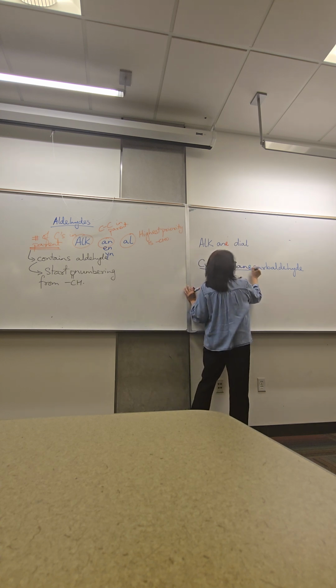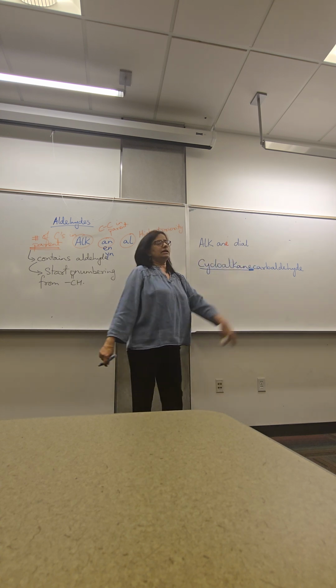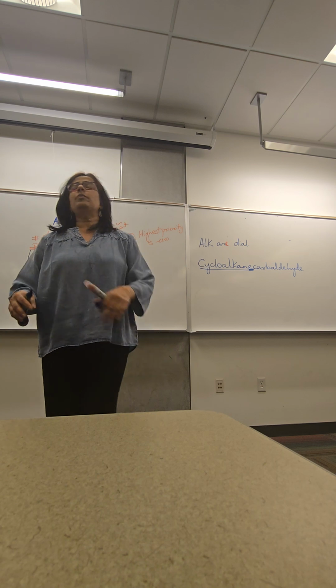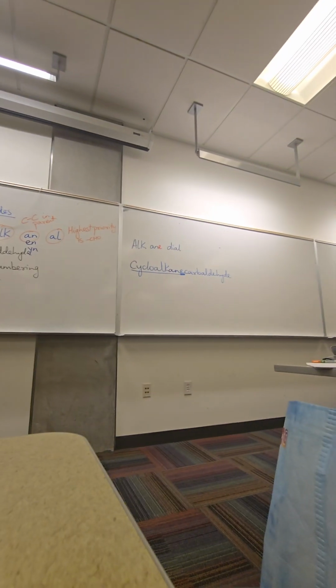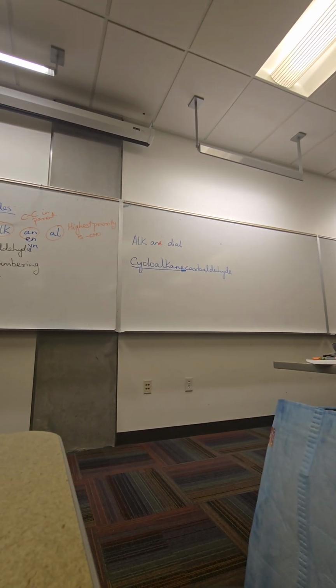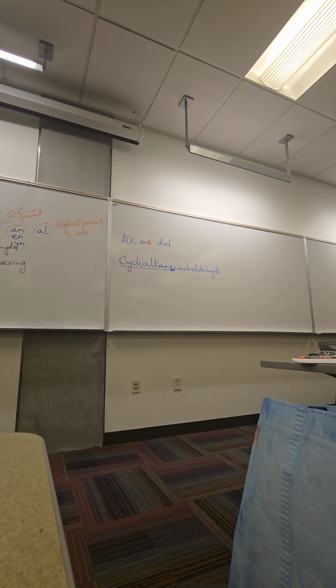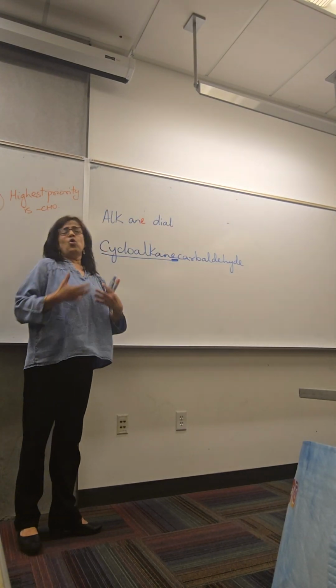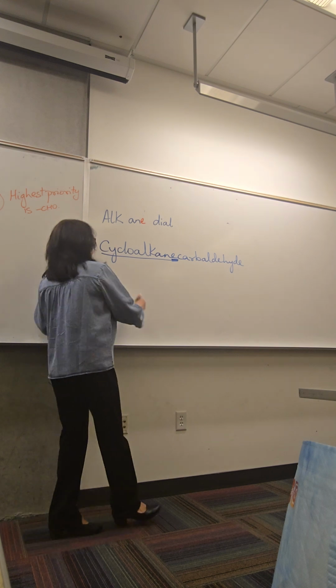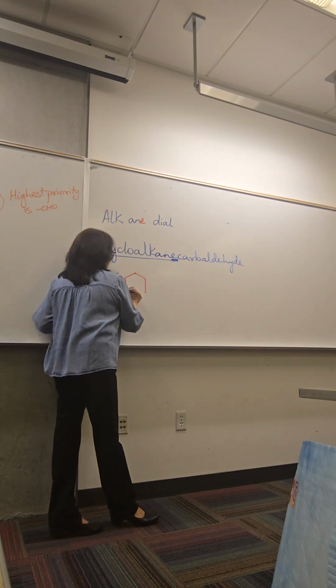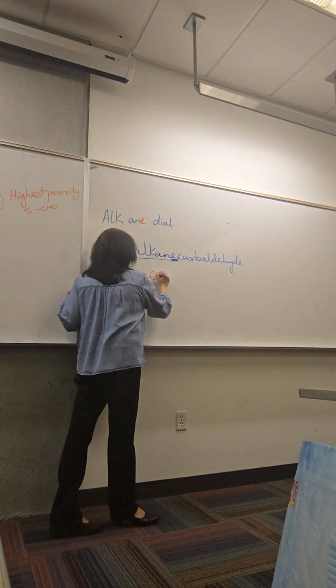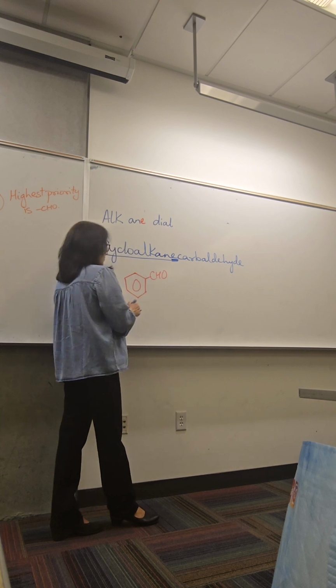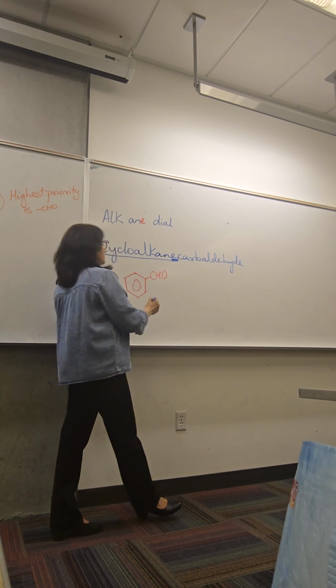Please note the e. Cyclopropane carbaldehyde, cyclohexane carbaldehyde, and so on. There is one cycloalkane carbaldehyde that has its own special name. What is that special name? Benzaldehyde. That one has its own special name.